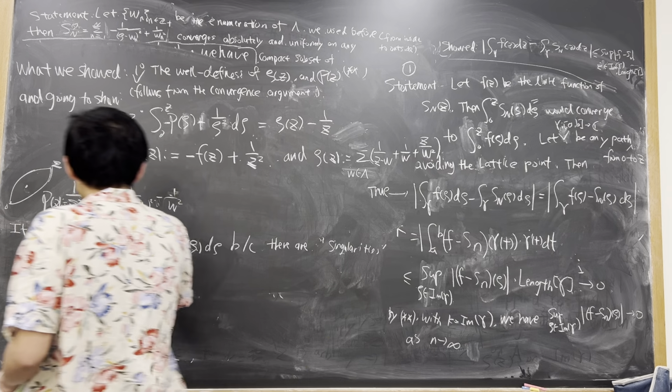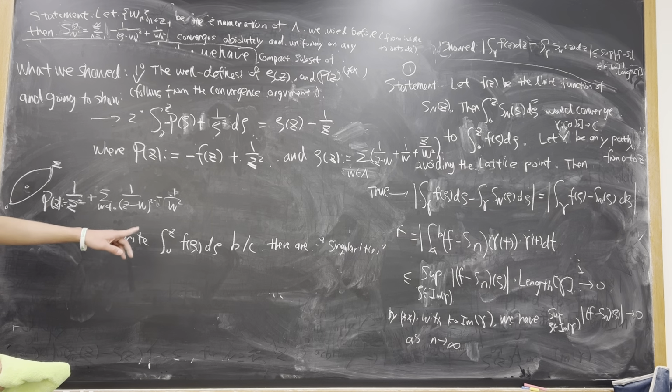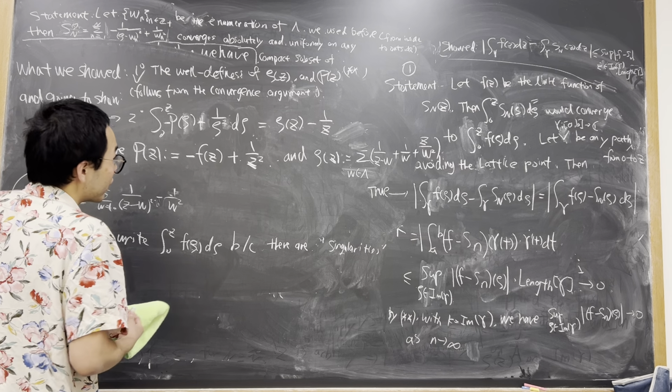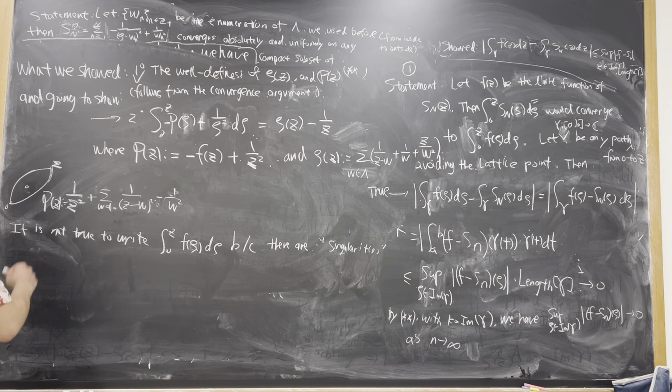Basically, there are singularities at the lattice points. If there is a singularity at the lattice point, we cannot really define this as a function of zeta. So it is not true to define the integral from 0 to z to be just the path integral, because if there is a lattice point, then it is not path independent for the line integral.